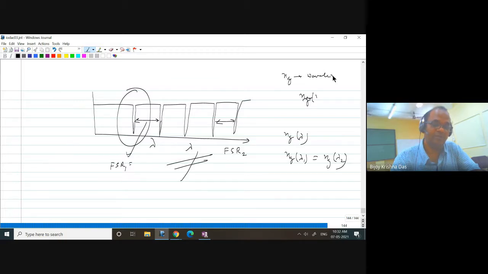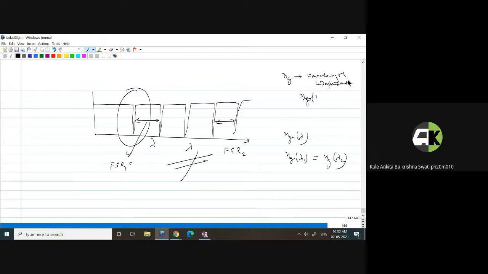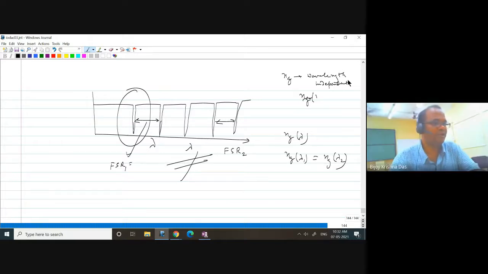You can design it nearly wavelength independent. Okay, so now the next thing: Sir, how do we ensure that ng is wavelength independent? You have to design it. That is the thing.